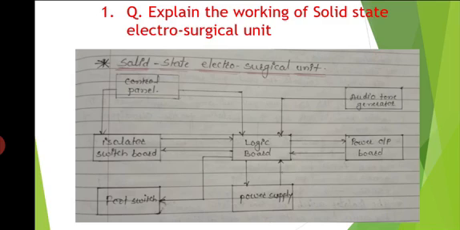In order to facilitate identification of each mode of operation, audio tones with different frequencies are generated. So a 1 kilohertz tone for the coagulation process, a 500 hertz tone for the cutting process, and a 250 hertz tone for hemostasis.